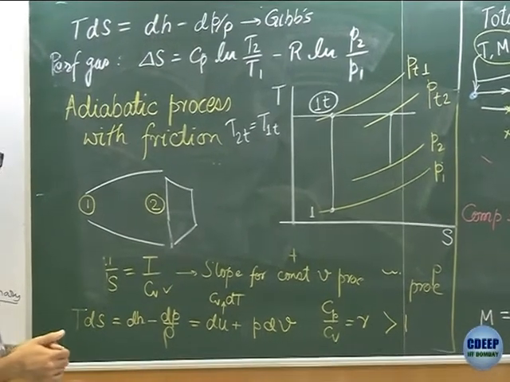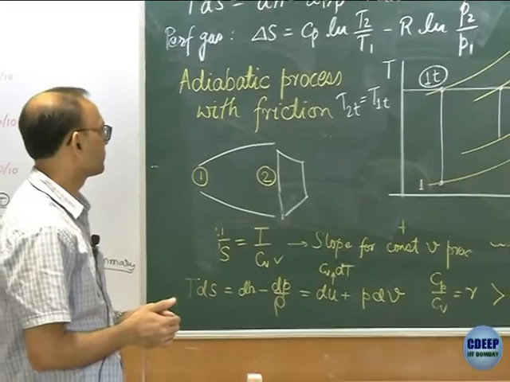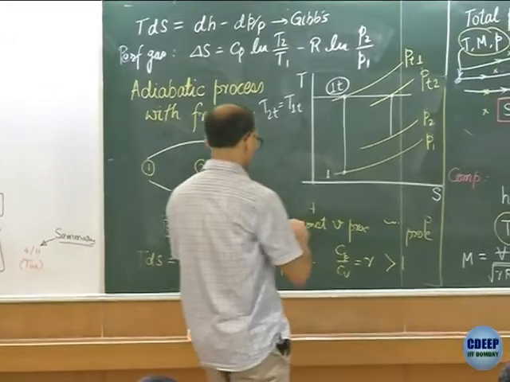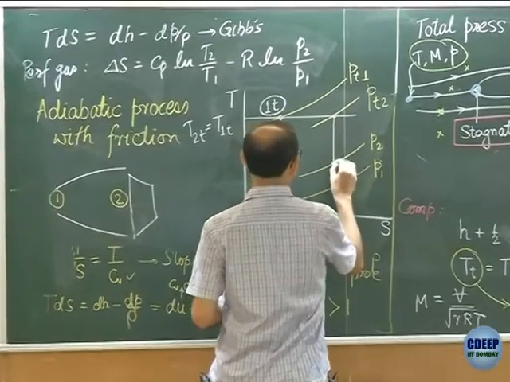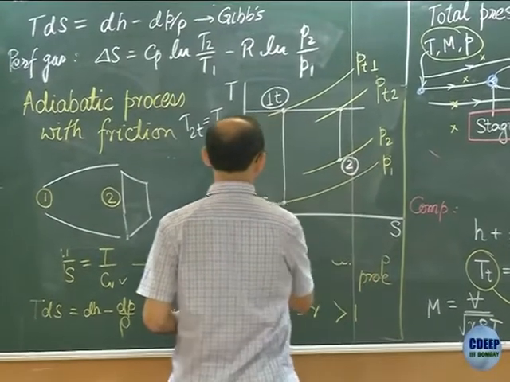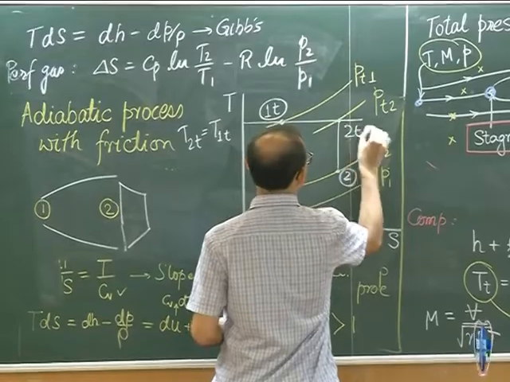If not, then we'll have to probably take it up next time. I don't want to really overshoot too much. This is the stagnation, this is the state 2 and this is 2T.